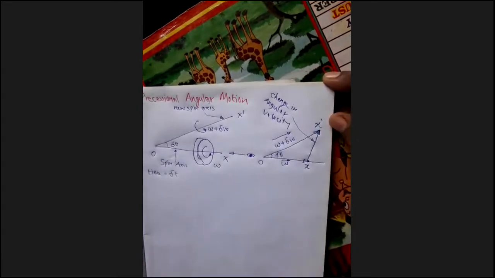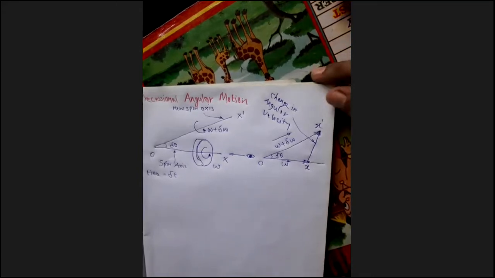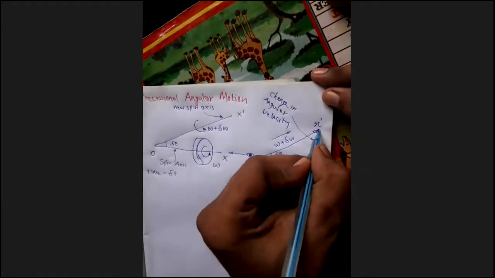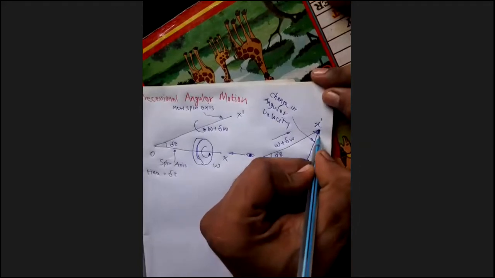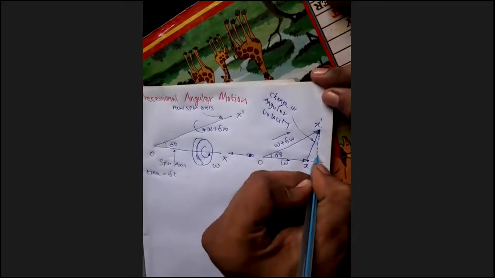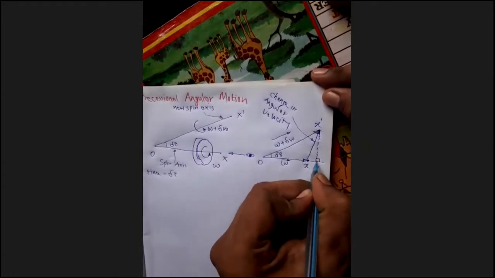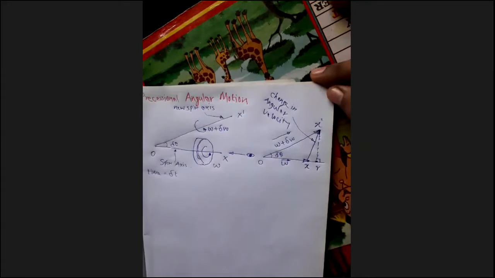This is the triangle law of vector addition. Is it clear? Yes, sir. Okay. Now I'm drawing from X dash a perpendicular here, to point R.